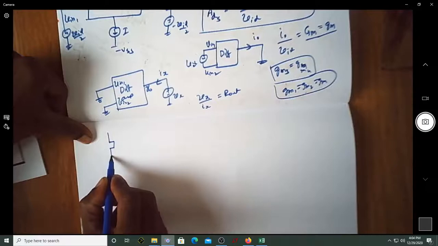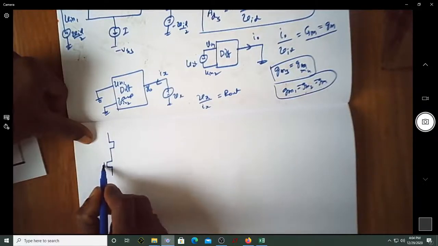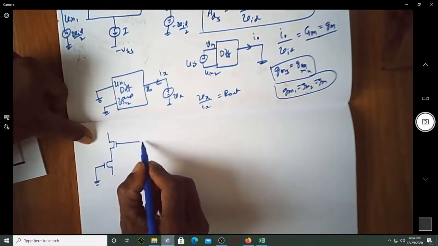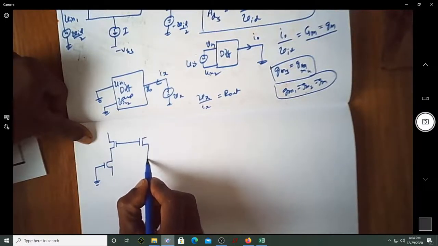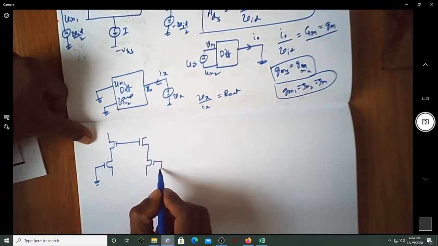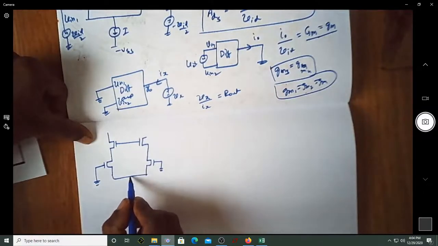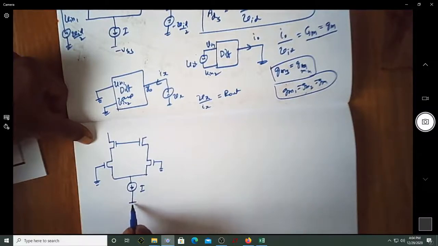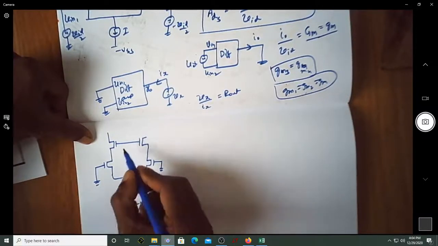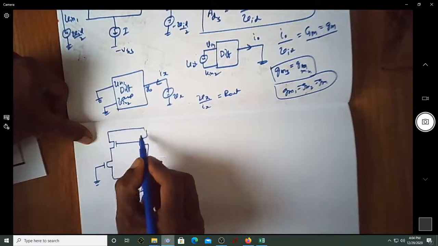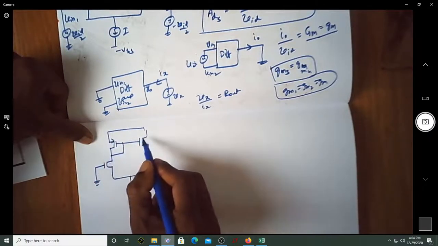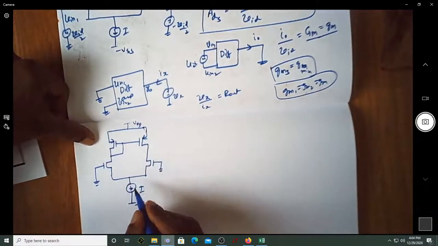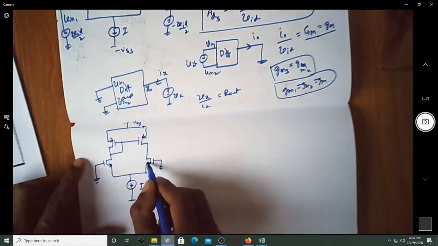So we have a differential amplifier with the input grounded here, and this is again grounded. I'm just writing the complete circuit, and then we'll write the small-signal equivalent model. This is PMOS and this is VDD, and we have these NMOS transistors.